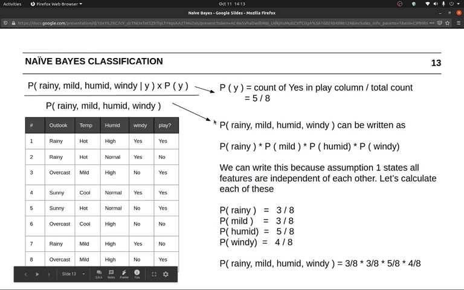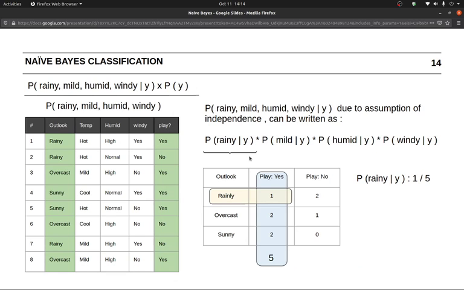That leaves us with calculating one term, which is the probability of it being rainy, mild temperatured, humid and windy given that we play. Now remember I said this is nothing but calculating probabilities on a subset of data where play is subsetted by yes. Let's see how we can calculate it.